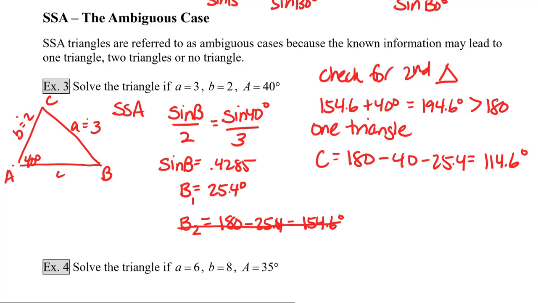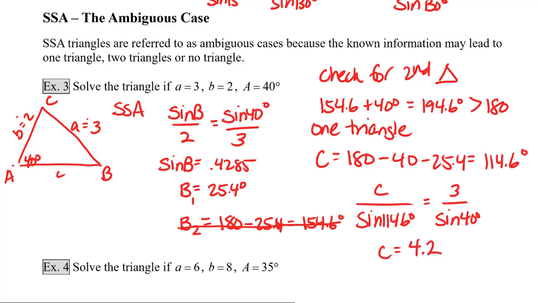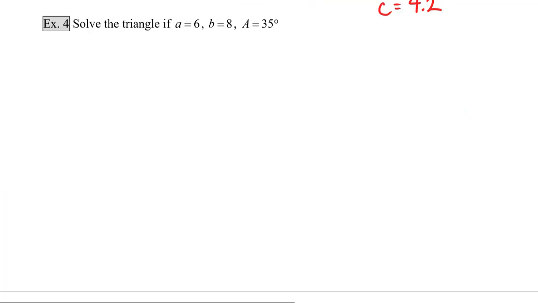And then finally I can find side C by saying C over the sine of 114.6 is equal to 3 over the sine of 40 degrees, which gives me that C is equal to 4.2.